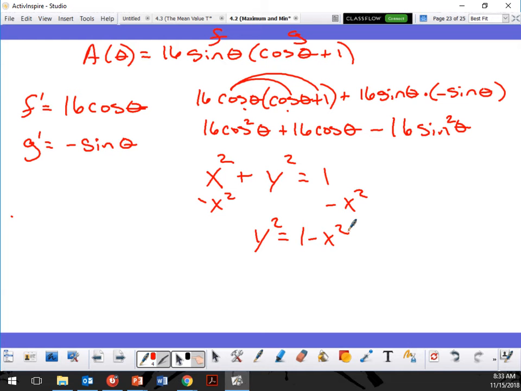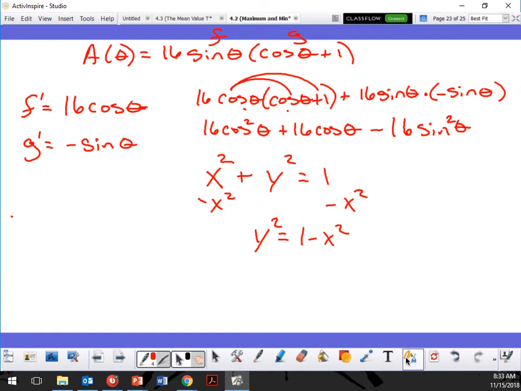Sine squared is equal to 1 minus cosine squared. That's what that says. So in trigonometry terms, sine squared is equal to 1 minus cosine squared. If you don't have it on your paper, you should have that.